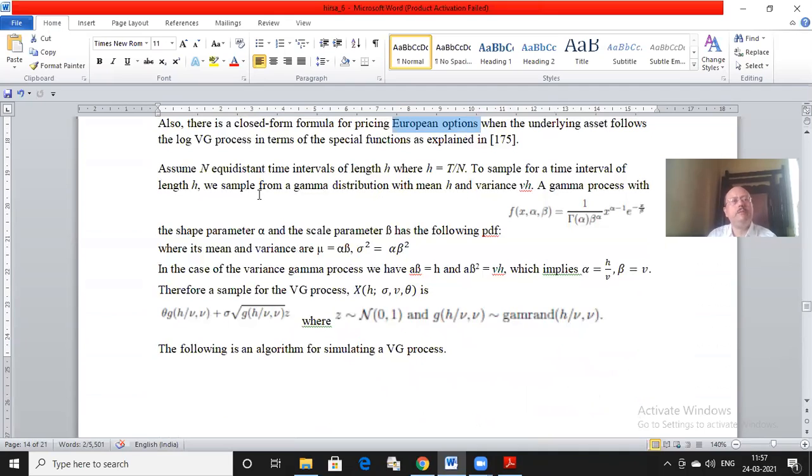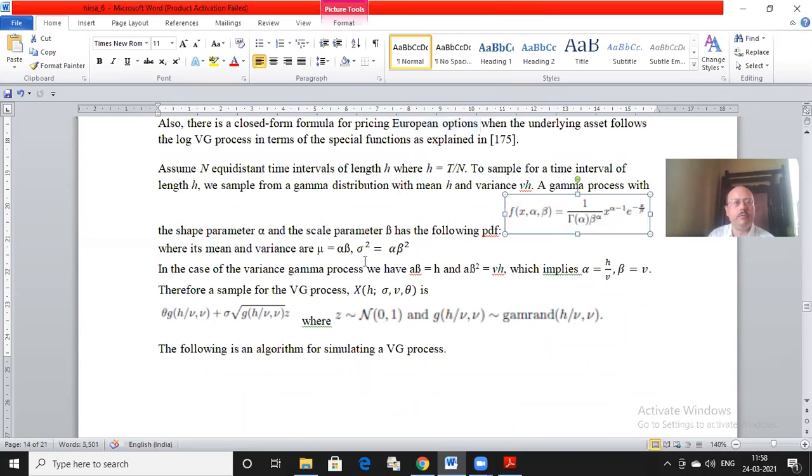So let us assume that we have n equidistant time intervals each of length h. So basically h is T by n. To sample for a time interval of length h, we sample from a gamma distribution with mean h and variance nu h. So gamma process with the shape parameter alpha and scale parameter beta has this PDF.